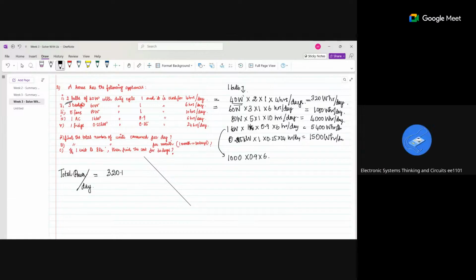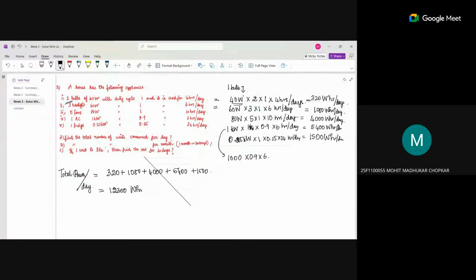So this will be 320 plus 1080, 12,300 watt hour. To convert watt hour into kilowatt hour, we have to divide it by 1,000. Ma'am, 12.3 is the right answer, I think.